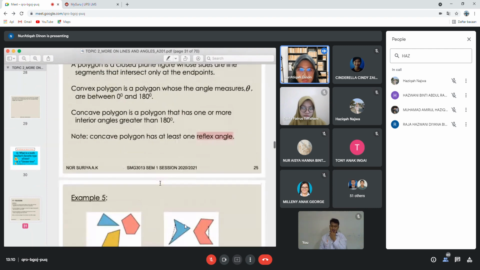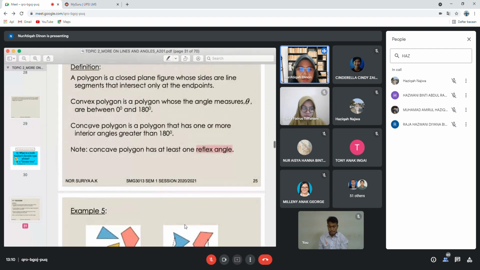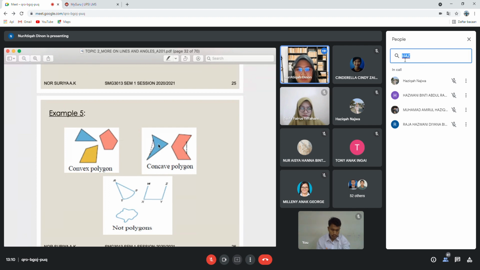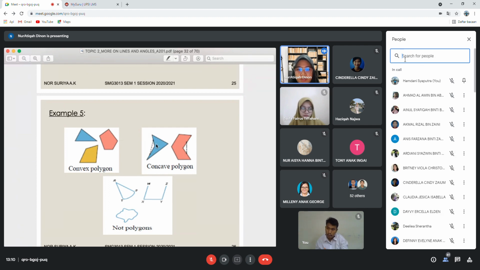To see an example, we have convex and concave. This is an example of a convex polygon, and this is a concave polygon. Whenever you see a shape with one angle which is more than 180, for example, for this blue shape, this part is the reflex angle, and for the red one, the reflex angle is this part.